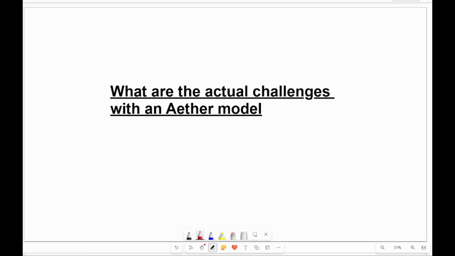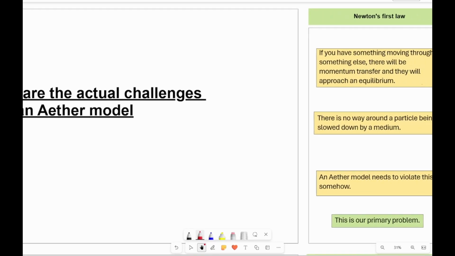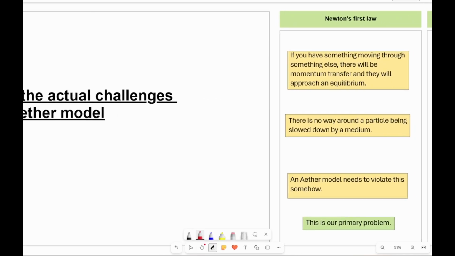Now, that being said, I want to talk about what I think the actual biggest challenges with an Aether model are. And the first one is Newton's first law. If you have something moving through something else, there will always be momentum transfer between the two, and they will always approach an equilibrium. And so if you have a particle moving through a medium, that particle is always going to slow down.